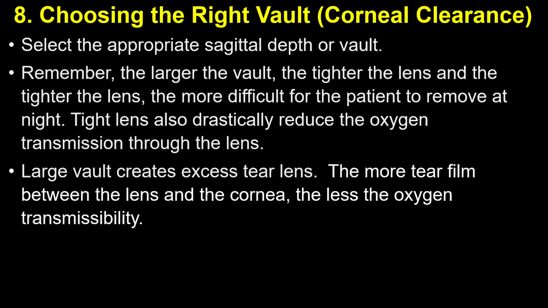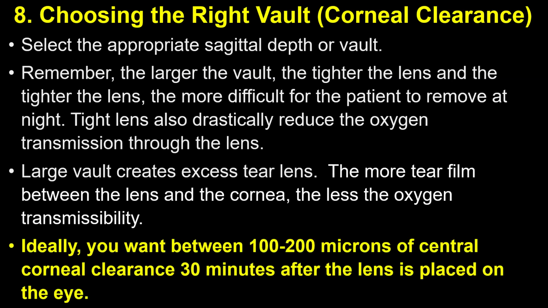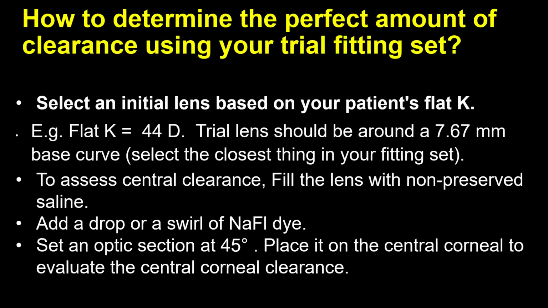The more tear film you have between the lens and the cornea, the less the oxygen transmissibility, and the more likely you have fogging or blurry vision. So ideally, you should target 100 to 200 microns of central corneal clearance, and you need to check that after 30 minutes of wear, of trial fitting of the contact lens, so that you'll be sure you're getting the exact assessment.